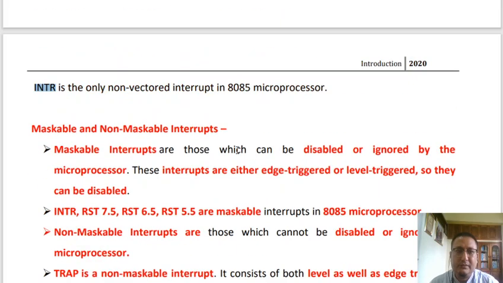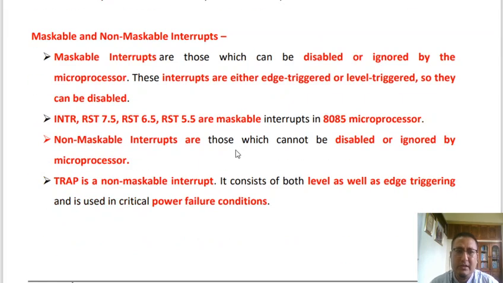Now let us distinguish between maskable and non-maskable interrupts. Maskable interrupts are interrupts which can be disabled or ignored by the microprocessor. They can be edge triggered or level triggered. Whereas a non-maskable interrupt is an interrupt that cannot be ignored or disabled by the microprocessor.